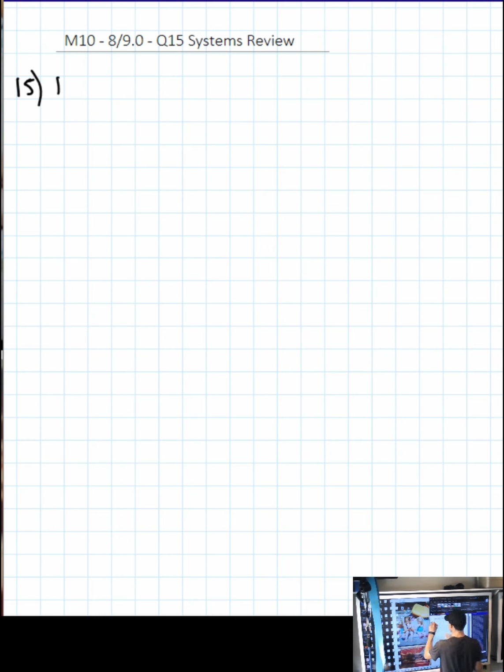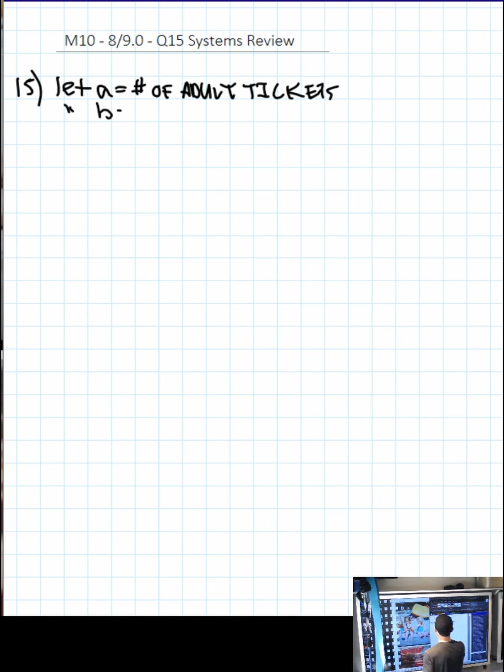So let's let A equal the number of adult tickets, and let's let B equal the number of child tickets. So we have a total of 100 tickets, so A plus B equals 100.